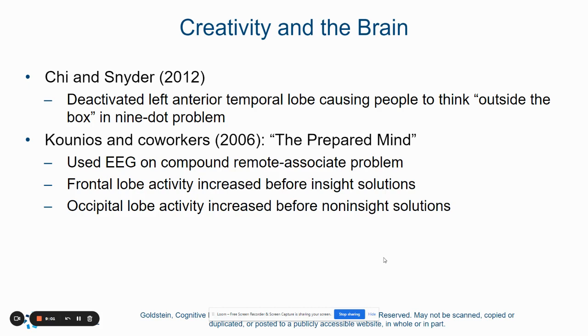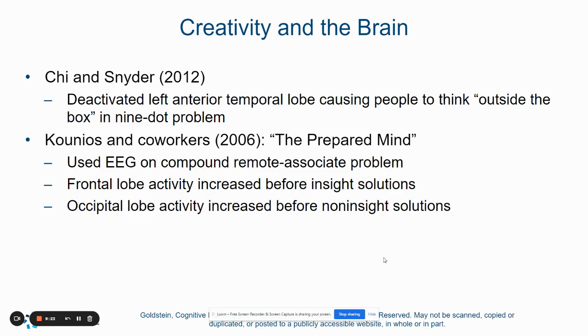When it comes to the brain and how it develops in terms of creativity, Chai and Snyder in 2012 said that a deactivated left anterior temporal lobe causes people to think outside the box, especially in something called the 9-dot problem, where those dots are there and they all need to be connected.